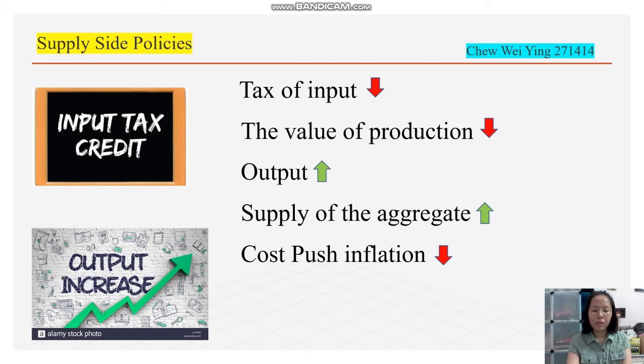Therefore, firms will decide to increase output, and the aggregate supply will increase. So this policy will help decrease cost push inflation and overcome the issue of inflation.